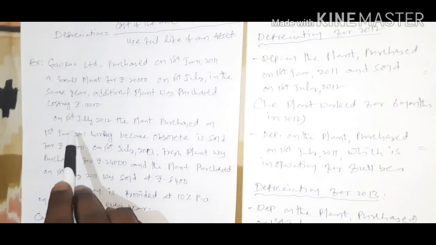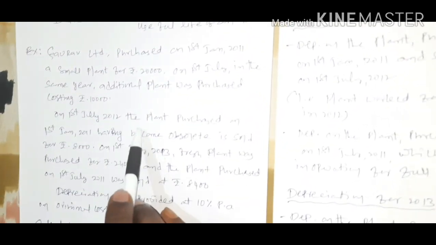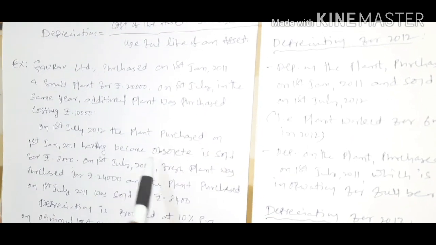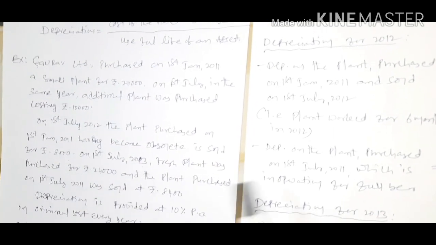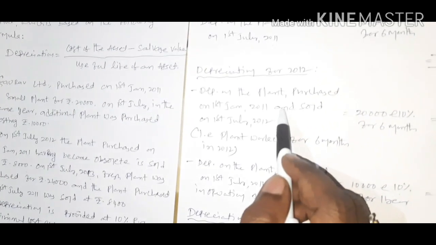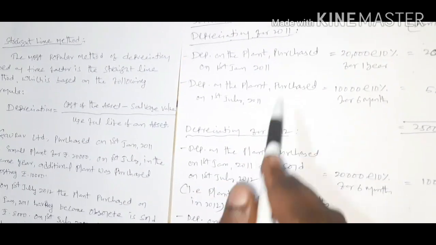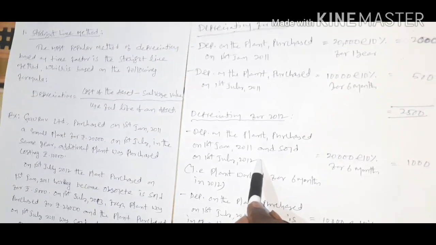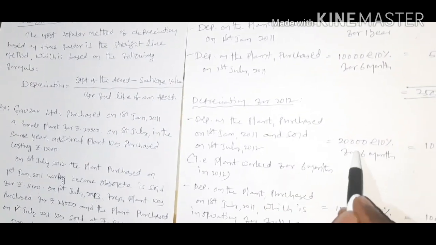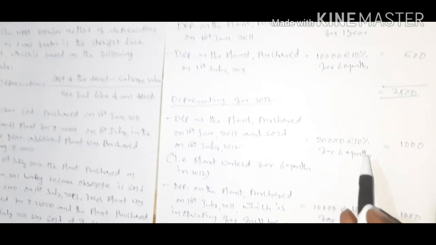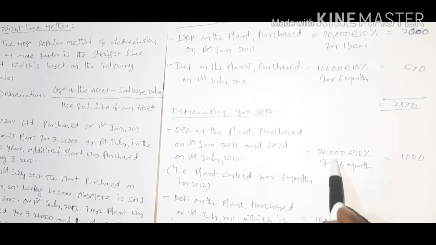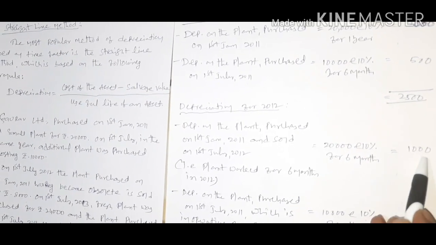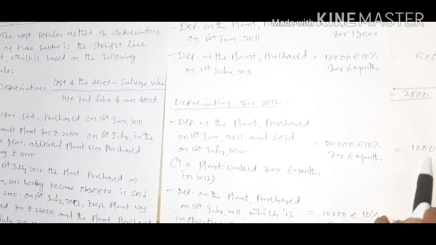Meaning thereby, the plant which is bought on 1st January 2011 has worked for 6 months in 2012. Therefore, we charge depreciation only for 6 months. Then, depreciation on rupees 20,000 at the rate of 10% for 6 months is equal to 1,000.